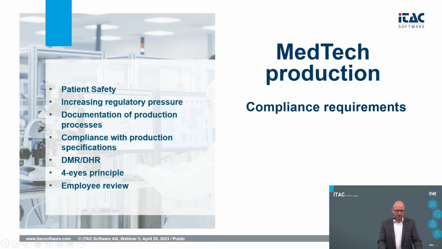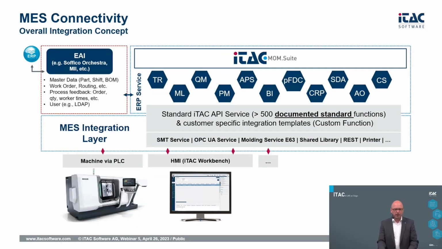And if we go further here and have a look at the landscape, the connectivity, as mentioned before, we get the master data from the upper level, from the ERP system, which could be SAP or another one. There we have the main information, like the part master, the work plan with the work steps, the bill of material with all the materials over certain structure levels, maybe tools, test adapters, and such things, and maybe sometimes also process parameters on the ERP level.